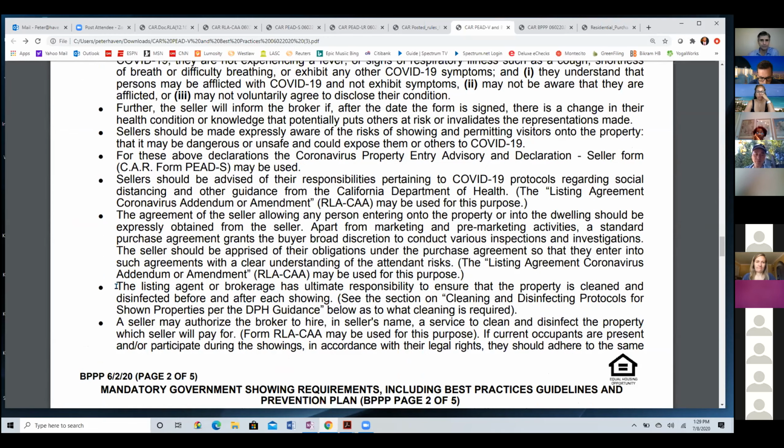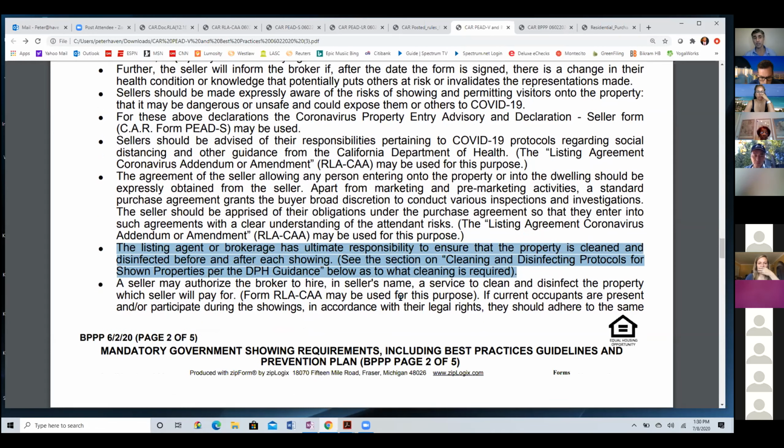There was something in here. It says here, and this is something I don't really agree with, but this is what it necessarily says. It says that the listing agent or brokerage firm has ultimate responsibility to ensure that the property is cleaned and disinfected before and after each showing.